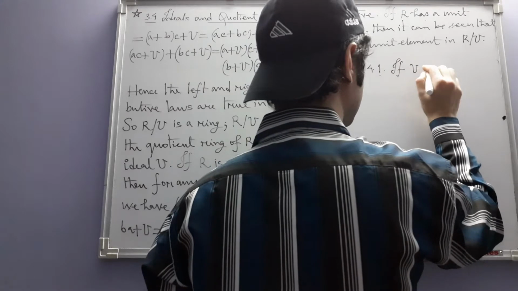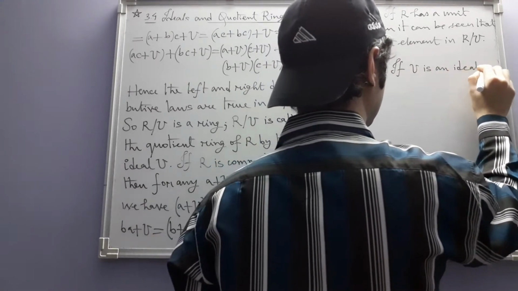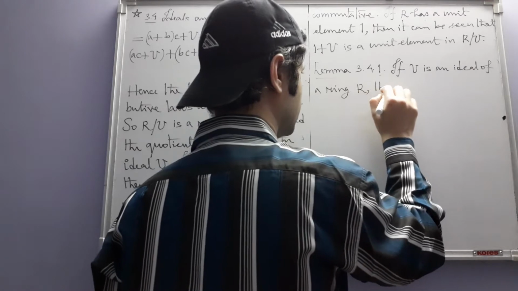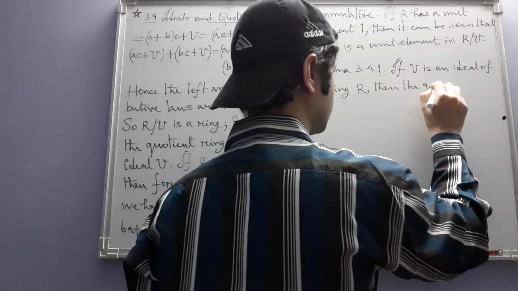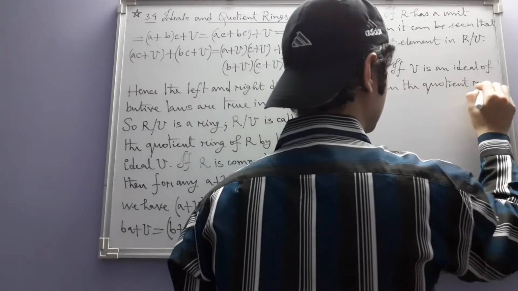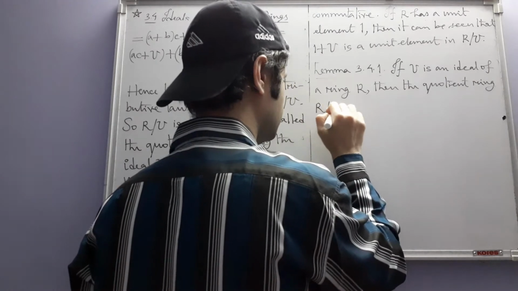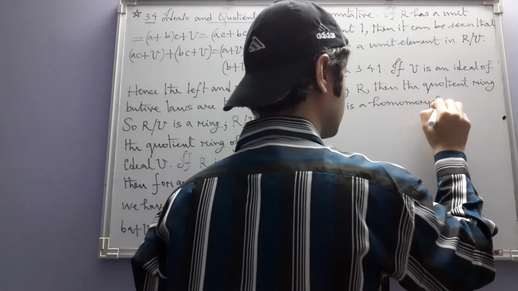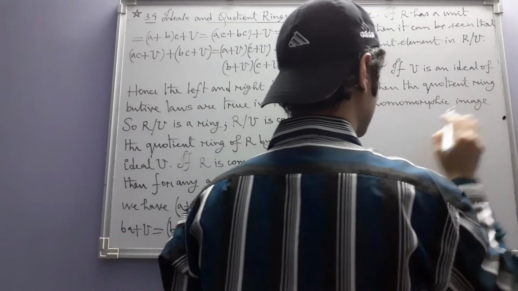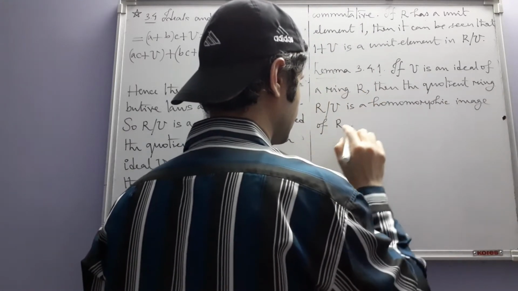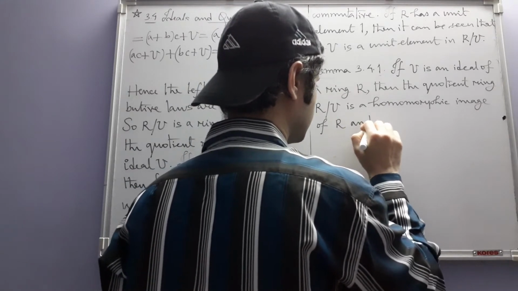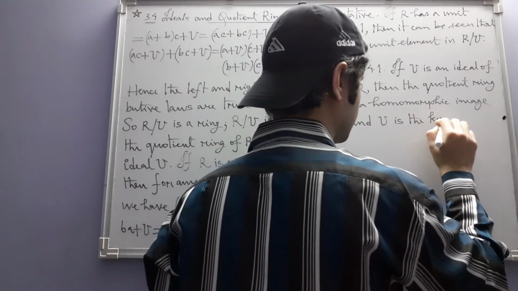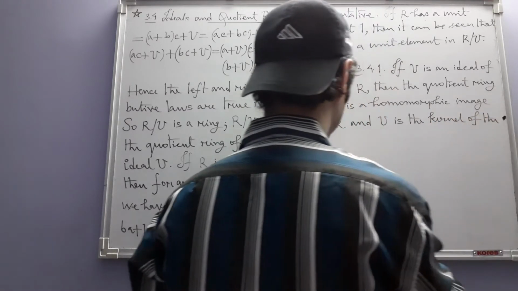If U is an ideal of a ring R, then the quotient ring R by U is a homomorphic image of R, and U is the kernel of the homomorphism.